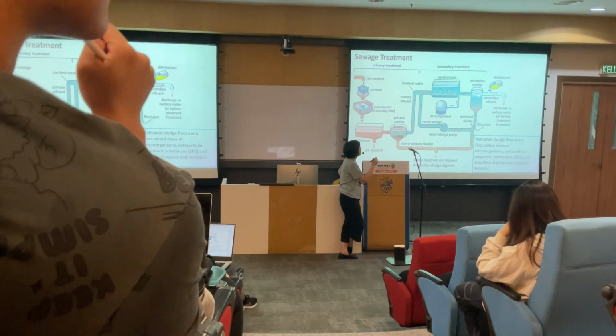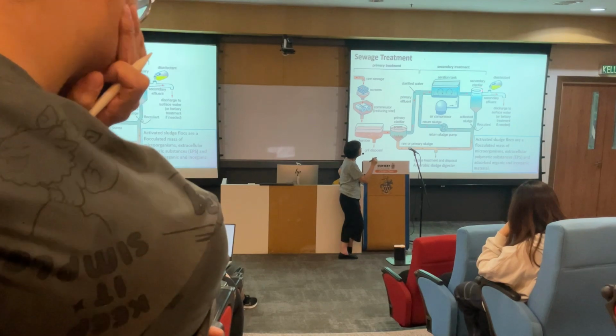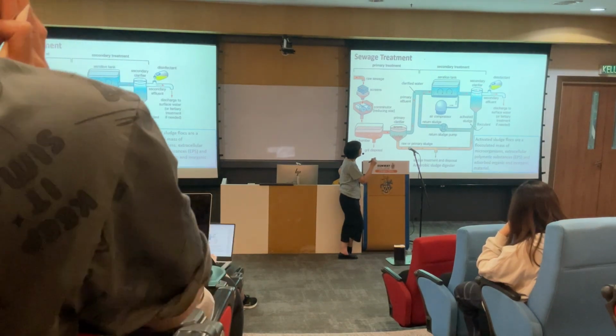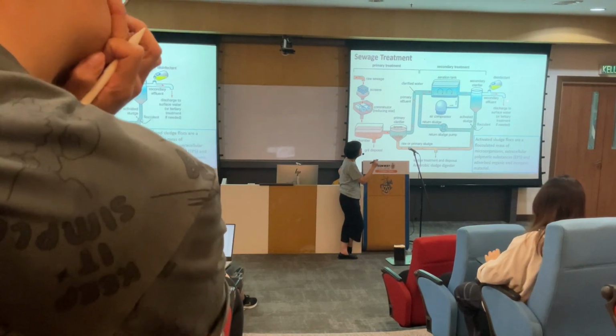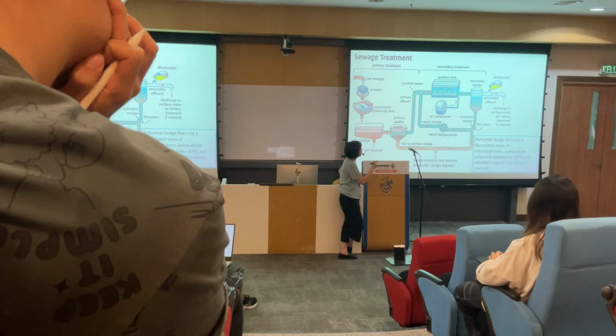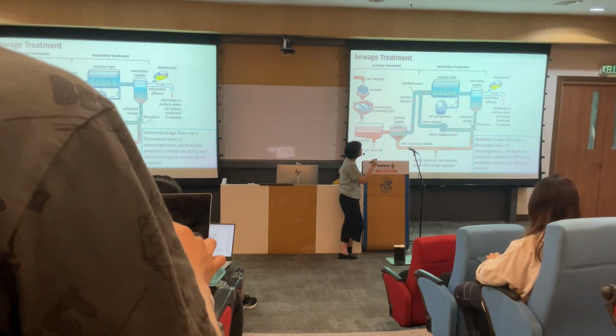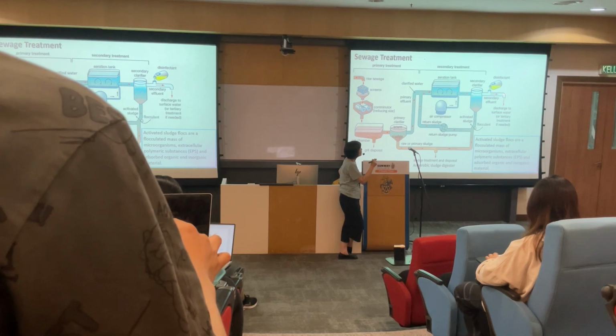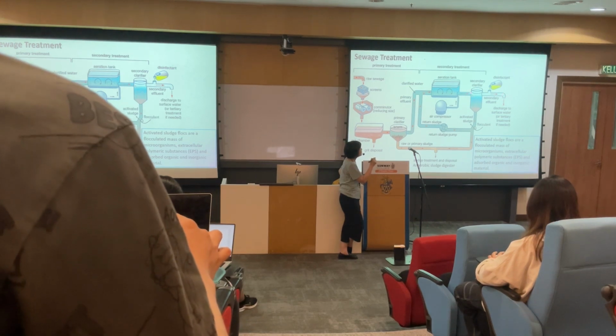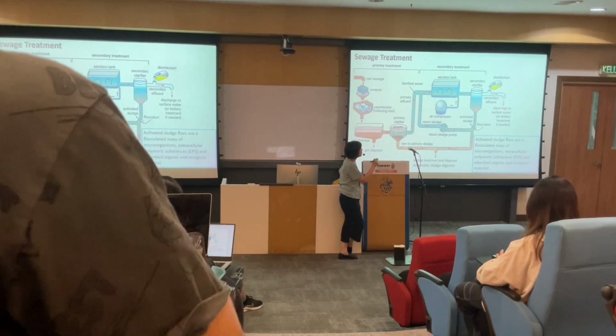And once this is the clarified water after the secondary treatment, it will go for the tertiary treatment. Here, it will be treated with chlorine, because what comes here will still have some of the bacteria. It could escape, and then just come over here.